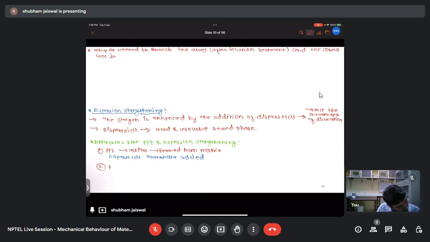So precipitates dissolve at higher temperature, whereas dispersoids don't dissolve at higher temperature.